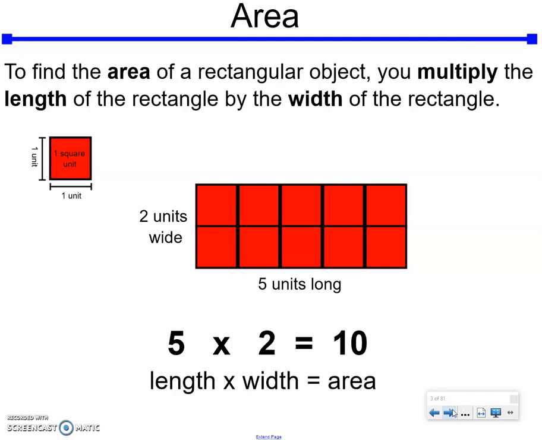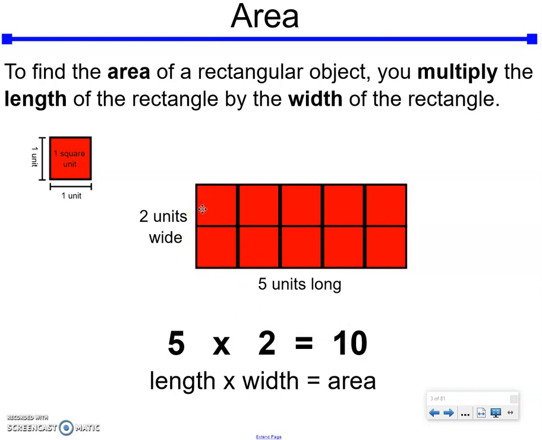To find the area of a rectangular object, you multiply the length of the rectangle times the width of the rectangle. Take a look at this rectangle here. We can see that this red rectangle is 1, 2, 3, 4, 5 units long and 1, 2 units wide.